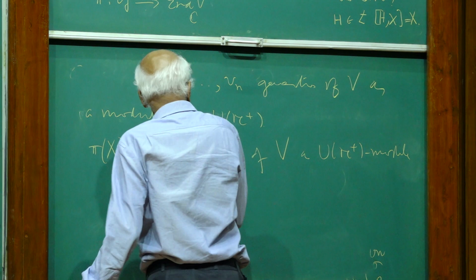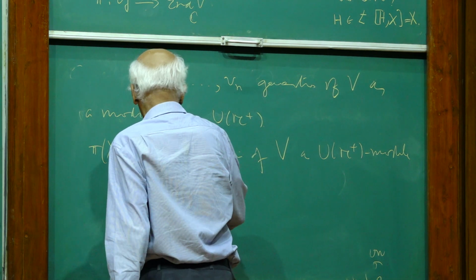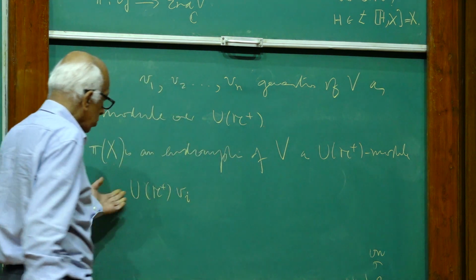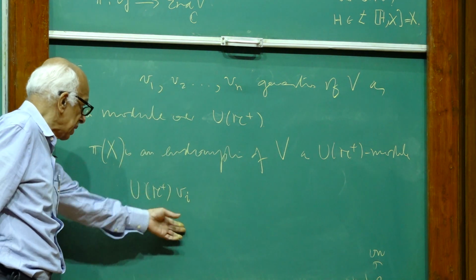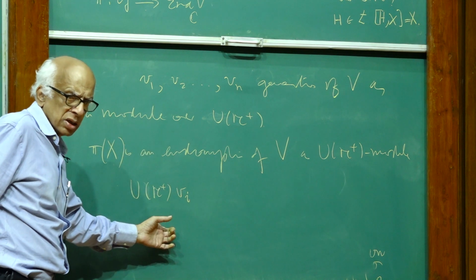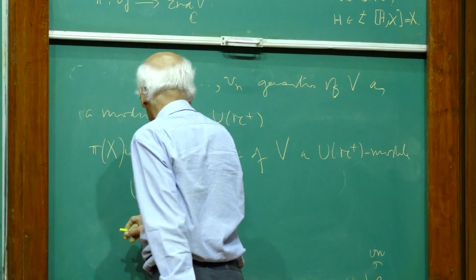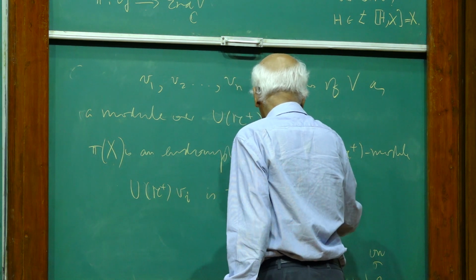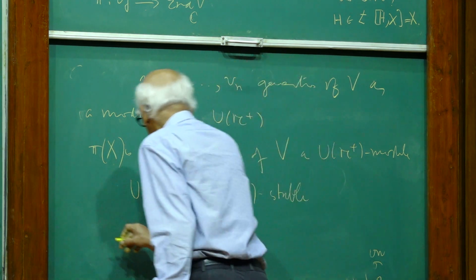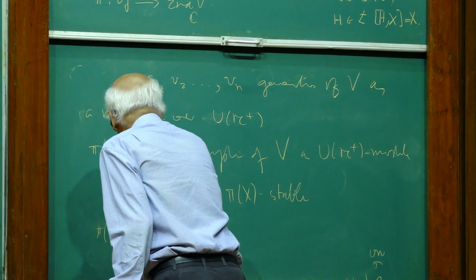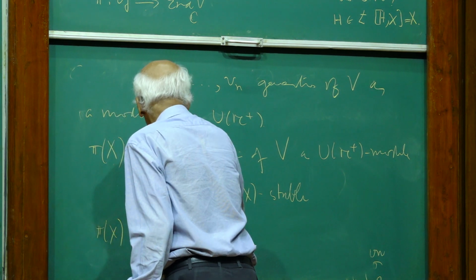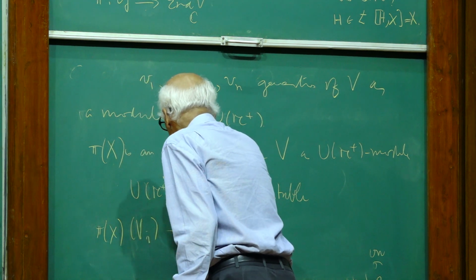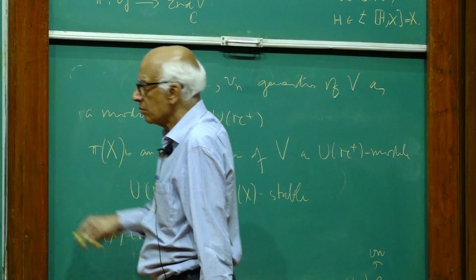Which implies, if you look at U(n+) Vi, since x itself belongs to U(n+), it is stable under pi x, and therefore pi x of Vi equals Vi by the lemma.